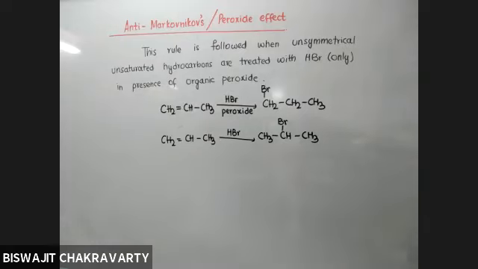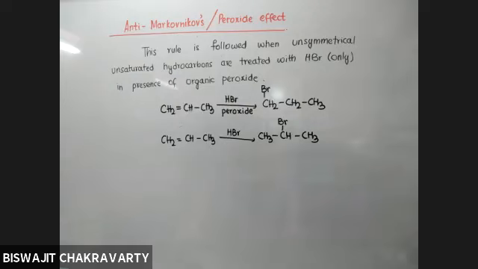Sir, can you repeat? Go through the rule that I have written under anti-Markovnikov. What was Markovnikov's rule? Positive part was going to which carbon around the multiple bond? That was containing more number of H atoms, and now it will be reversed.